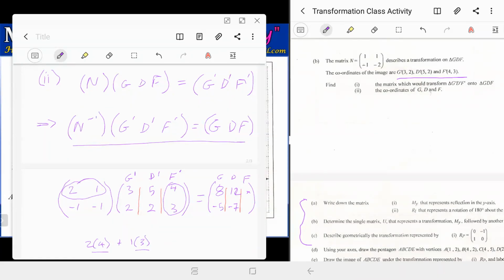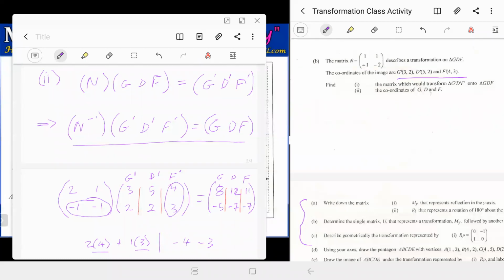So the value right here is 11. And then the other one down here is this row and this column. That is -4 and -3. That's -7 again. So the value down here is -7.